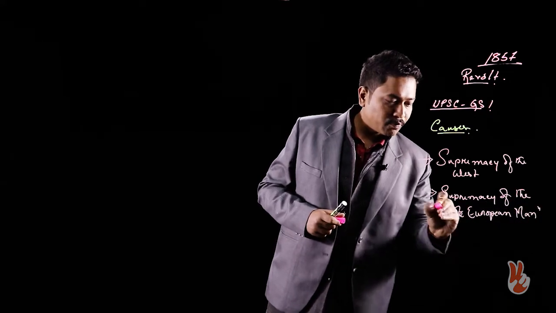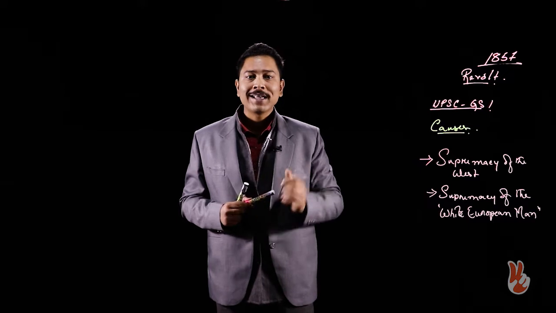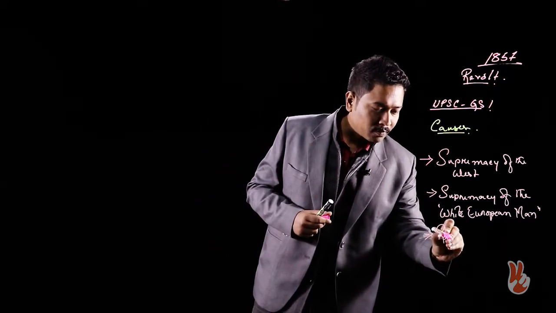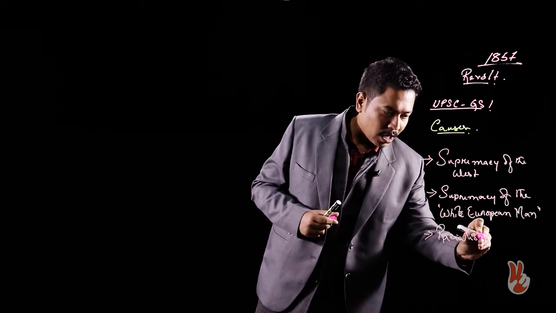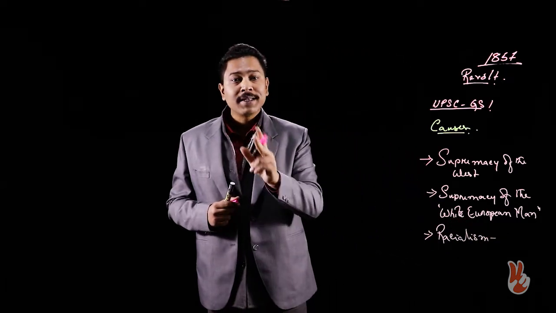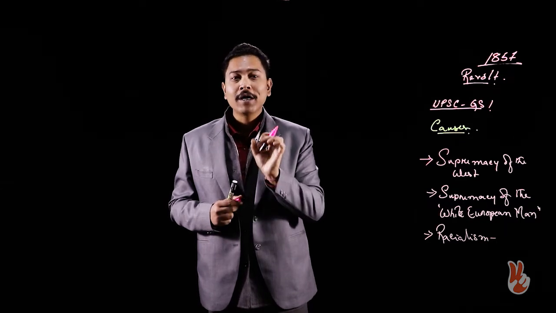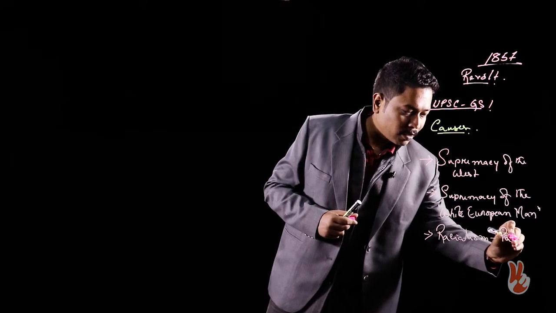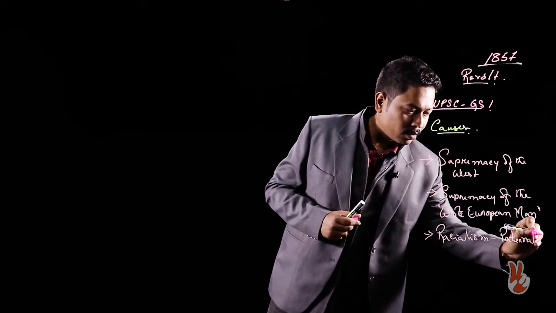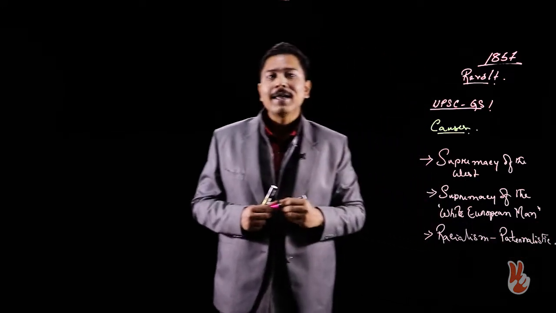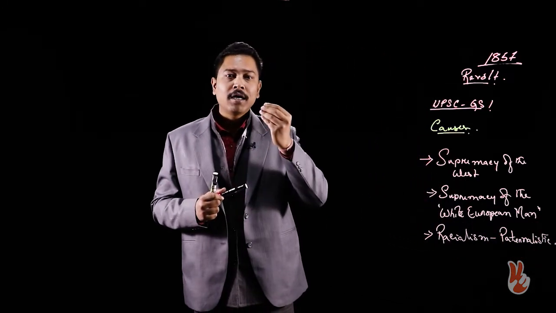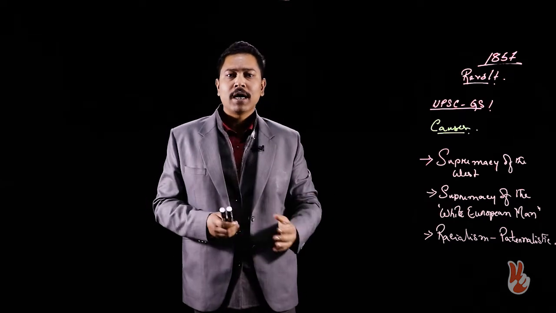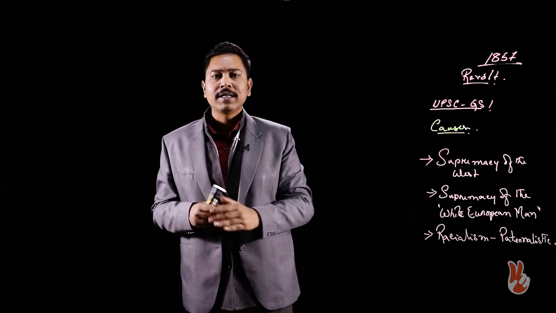And what it generated was a queer kind of racialism, a racialism which was paternalistic. That's why I'm talking about a queer kind of racialism, a racialism which was paternalistic. They would highlight the inferiority of everything Indian, about the religion of India, about the socio-political systems of India, the economy of India.